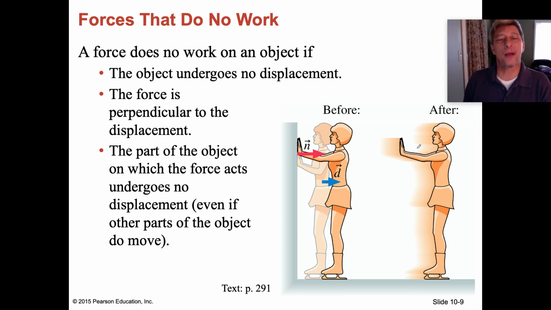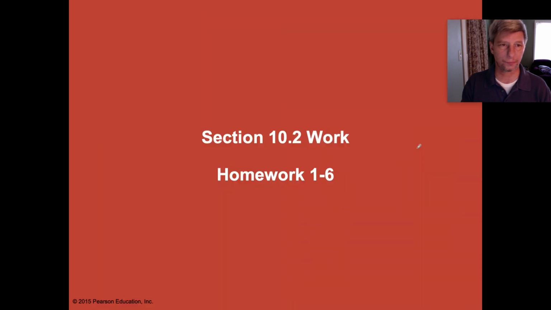Or the part of the object on which the force acts undergoes no displacement, even if other parts of the object do move. So in order for there to be work, there has to be a force, there has to be a displacement, and the force and the displacement have to be in the same direction.